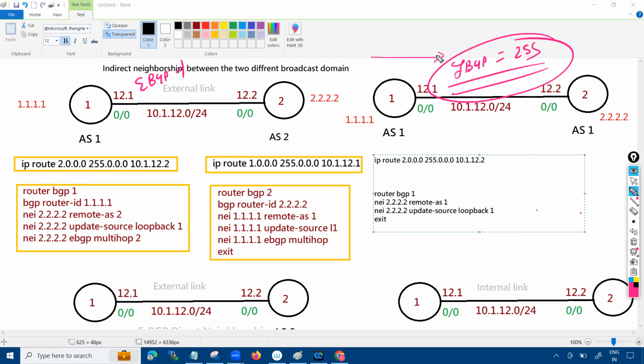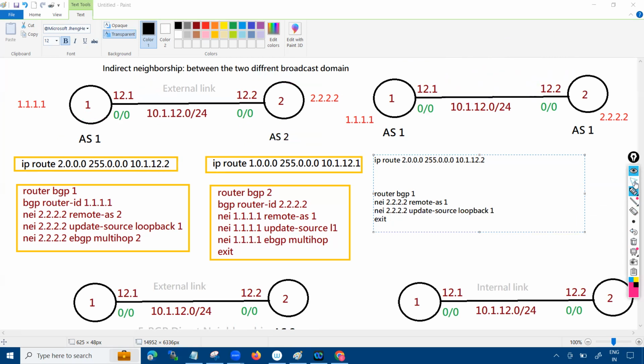So in the same organization, there will be no attack. That's why the TTL is open and higher. But eBGP comes into the picture between two different organizations, between two service providers as well. So I cannot trust the service provider, right? So I need to limit this TTL value so that attacks will be mitigated. So we don't need to give the TTL value because we already have 255 as the TTL by default.